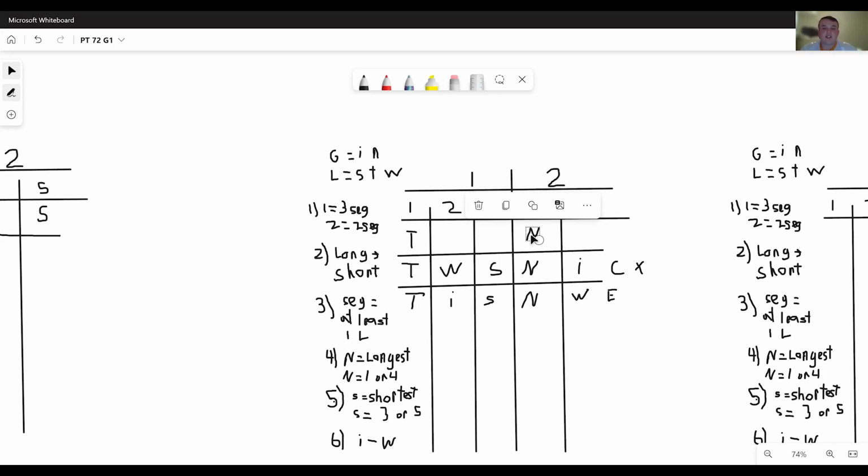Yeah, that's the correct way to do it. I would just caution you, once again, the I before W only applies if they're in the same segment. So if we're putting it here in the second line, we can't put I in 3. We try to put I in 5, but then it violates rule 3, not necessarily rule 6, right?